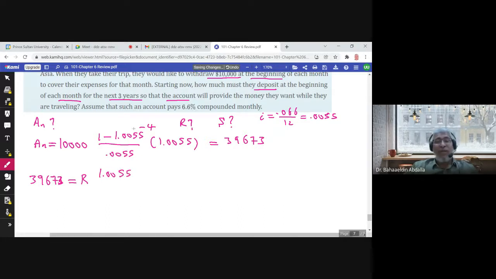Now what is n? 3 years, monthly, 3 times 12, that's 36, minus 1 over I. Now will they put the deposit at the beginning or at the end of each month? At the beginning of each month.